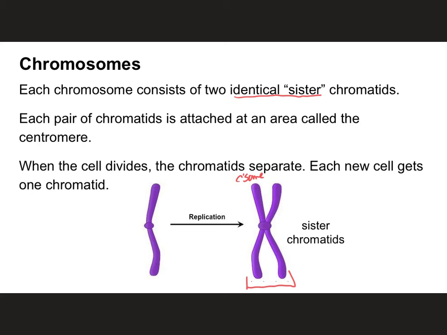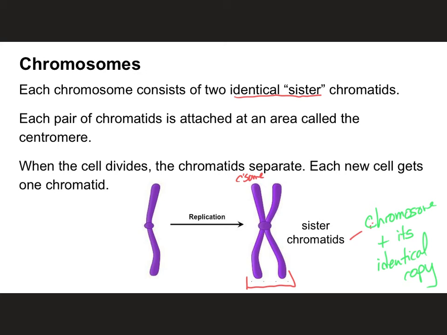And a chromatid is just a chromosome and its identical copy. So doesn't it make sense that we studied DNA replication first?